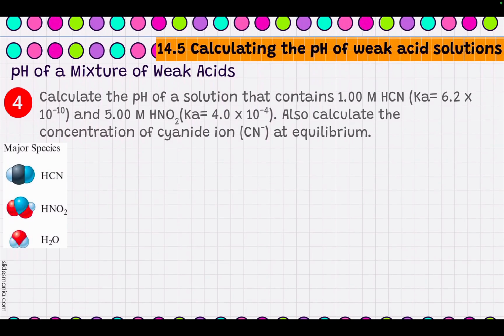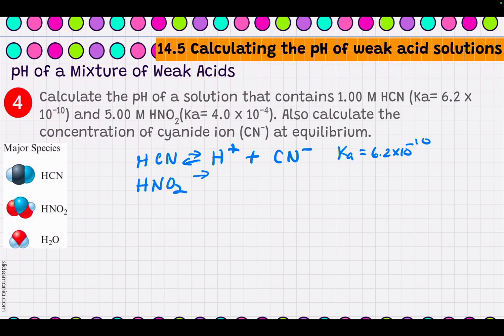So when I do this question here, I'm mixing hydrocyanic acid, which is a source of hydrogen ions, and the Ka is 6.2 × 10^-10. And then I'm also mixing nitrous acid, another weak acid. And this time the Ka is 4.0 × 10^-4.